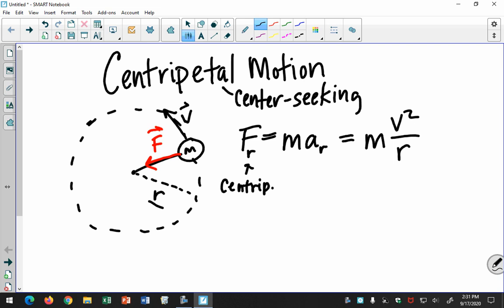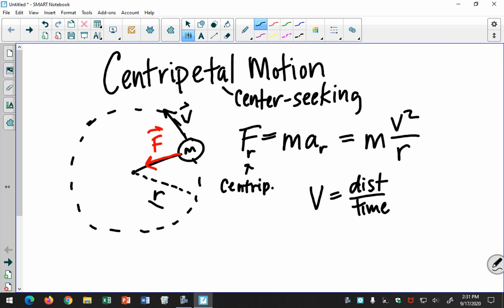Okay, so what is velocity? Let's take a minute and think about that because we got this circular motion here. Velocity is still distance over time, right? It still has the same type of units, the same meaning in that way.